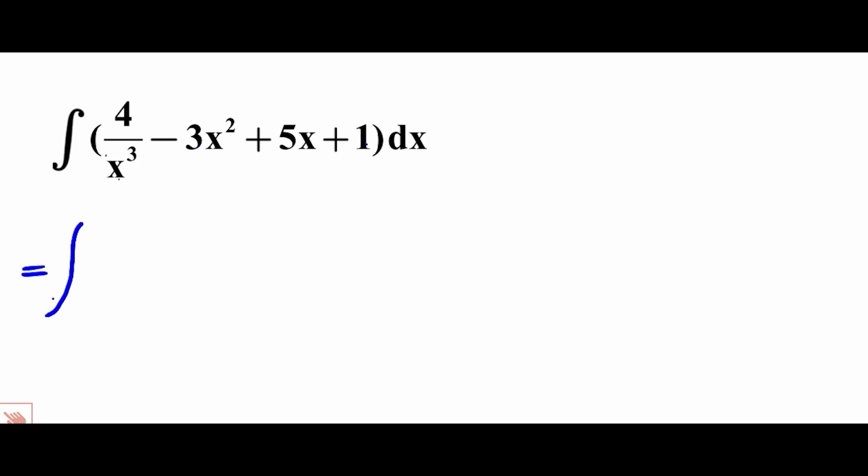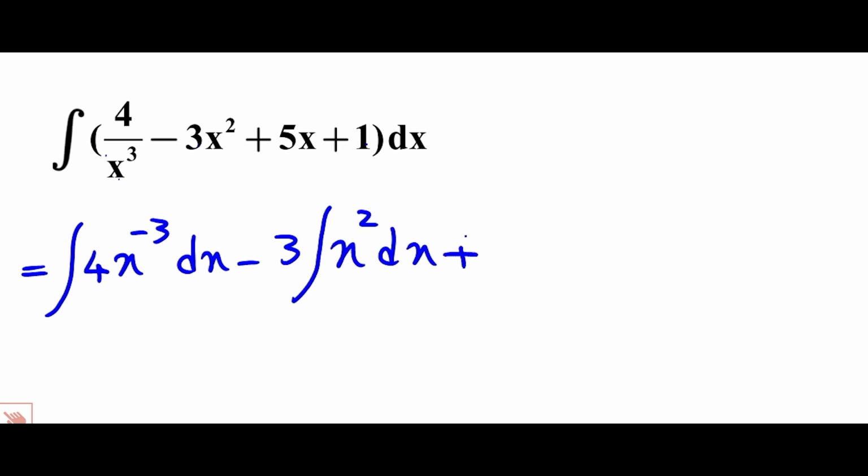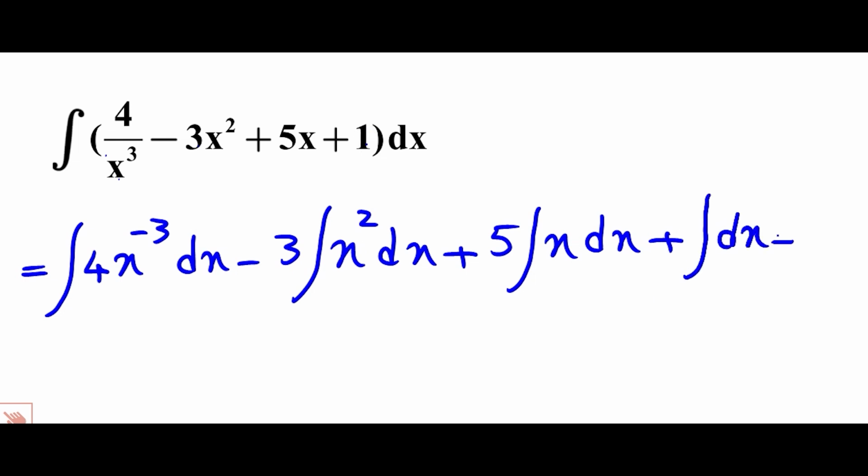So we have the integral of 4 over x cubed equals 4x to the power of negative 3 dx, minus the integral of 3x squared equals 3 times x squared dx, plus the integral of 5x equals 5 the integral of x dx, plus the integral of 1 dx equals the integral of dx, and 4x to the power of negative 3 equals 4 times the integral of x to the power of negative 3, right?